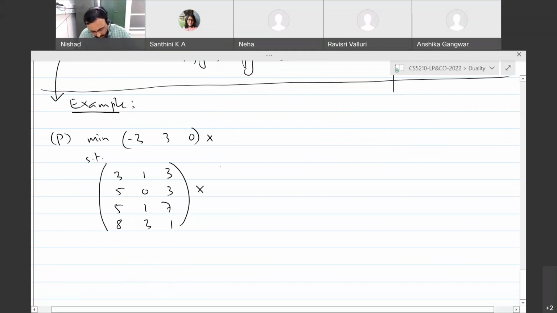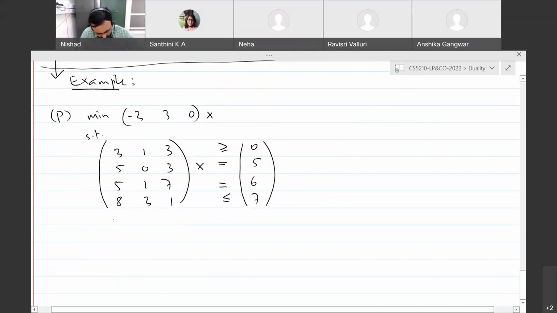And the constraints are all types of constraints, and the variables are also all possible types of variables. Sorry, x3.